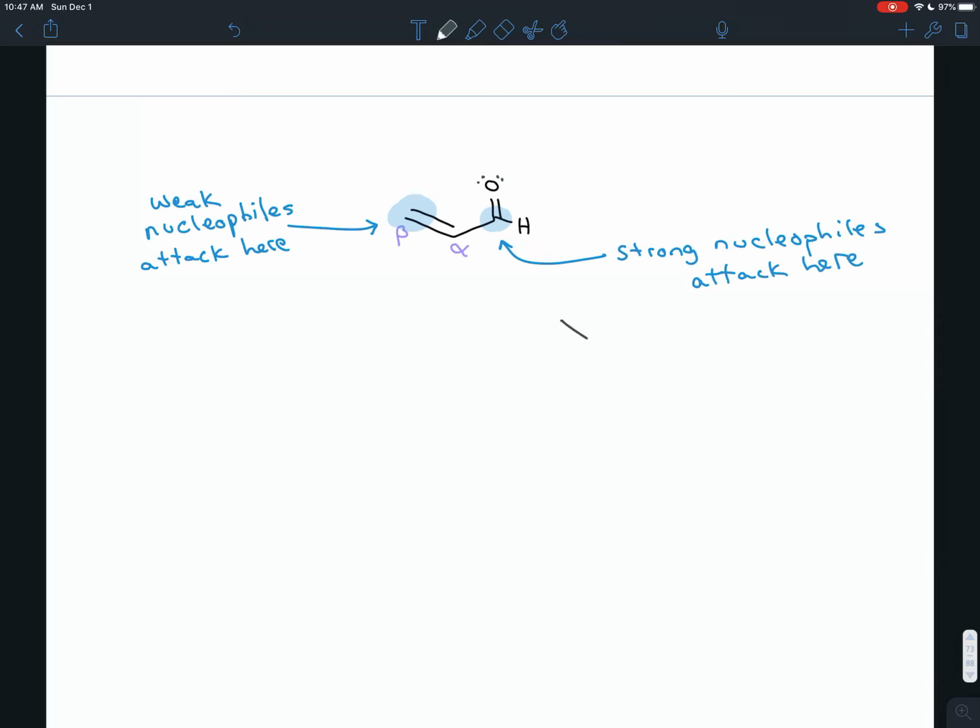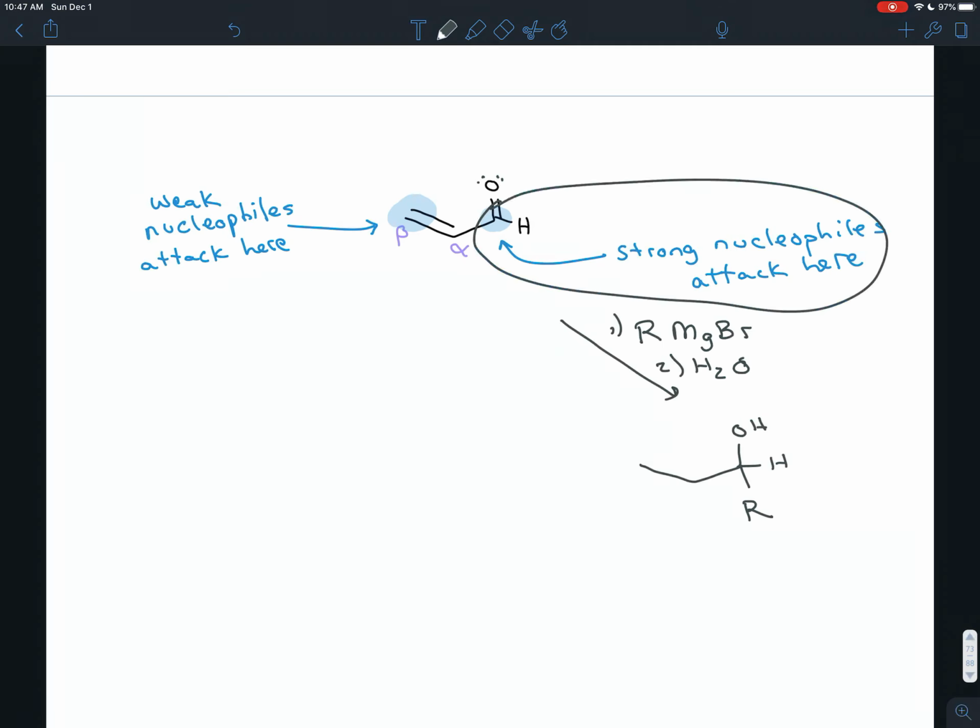If you treated this molecule with a Grignard reagent, so an alkyl group bonded to magnesium bromide, and you follow that up with the water wash, you would end up with the alkyl group, the nucleophile, the R group, attaching to the carbonyl carbon. It's a strong nucleophile, so it would attack the carbonyl carbon.